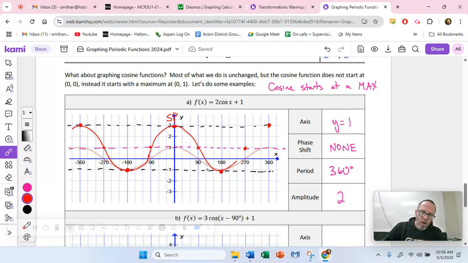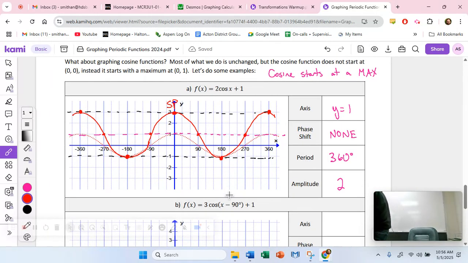So the properties all stay the same, and the way we find them stays the same. Draw the axis, draw the max and min values, but then our starting point changes, and that's where things get a bit different. You can do it though. Once you find one max, you know where all the other maxes are, then you can find the mins, and then you can find points on the axis.